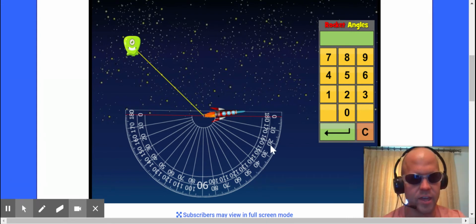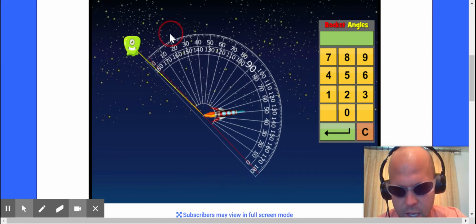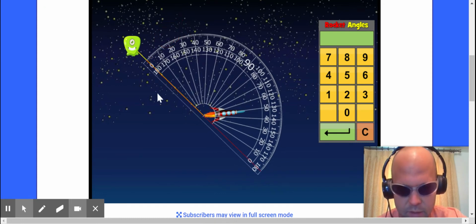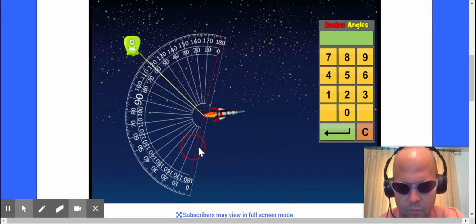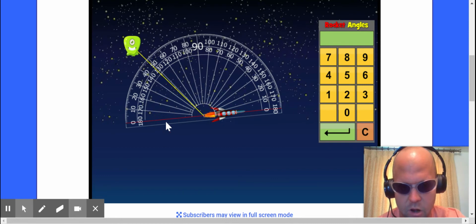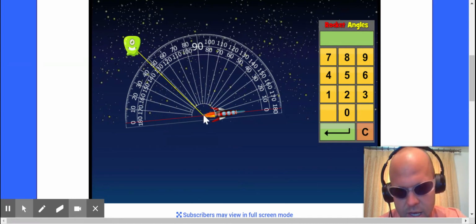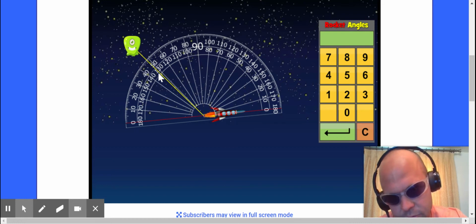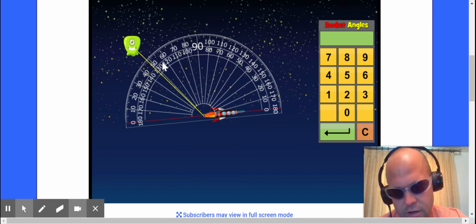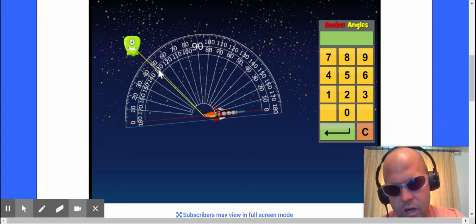It's important to notice that, because with a protractor, I'm going to line that red line up. Actually, it might be better to use the rocket, so I line it up on the rocket. The rocket's pointing straight on that red line. Now if I follow that yellow line out, there are two numbers right there: the 50-degree angle, and then the 130.